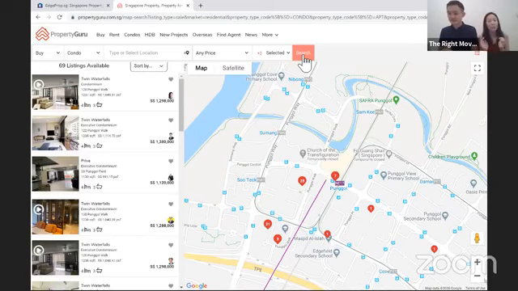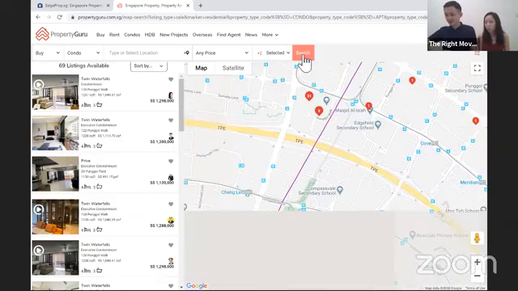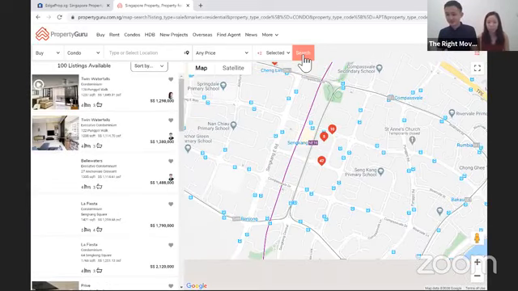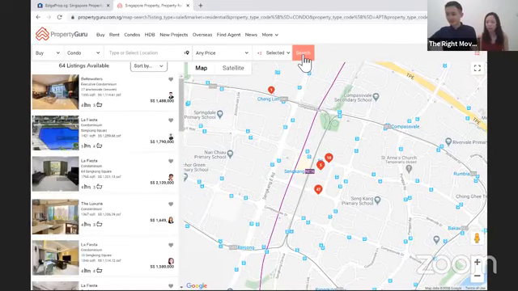We didn't put a price limit because we just want to see what the supply is like in these areas. Now we are at Punggol and there are only 69 listings of the 4 and 5 bedroom condominium units. We move down to Sengkang, a little bit fewer, 64 listings.